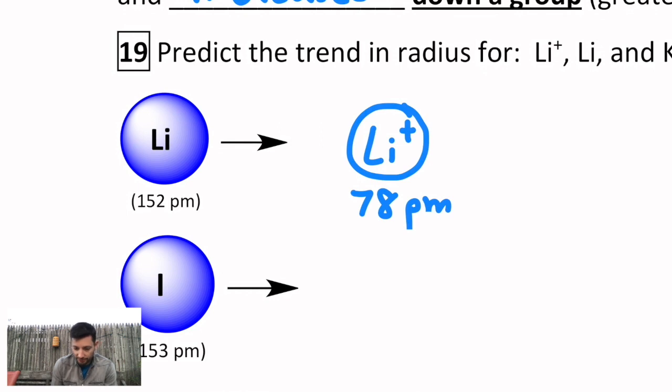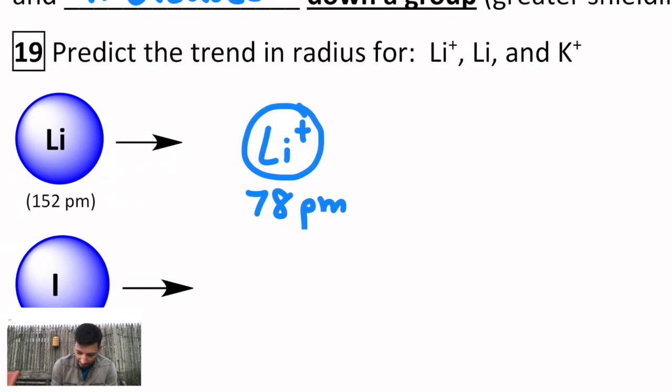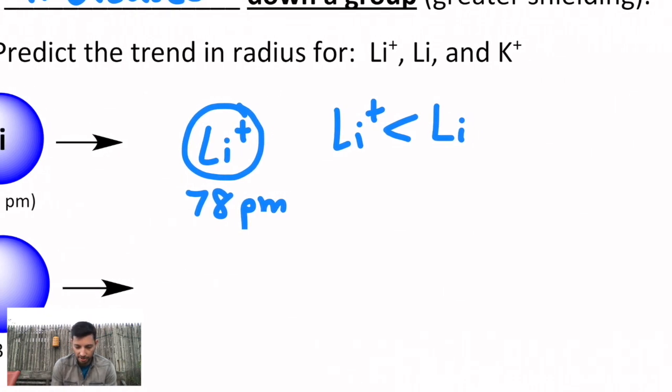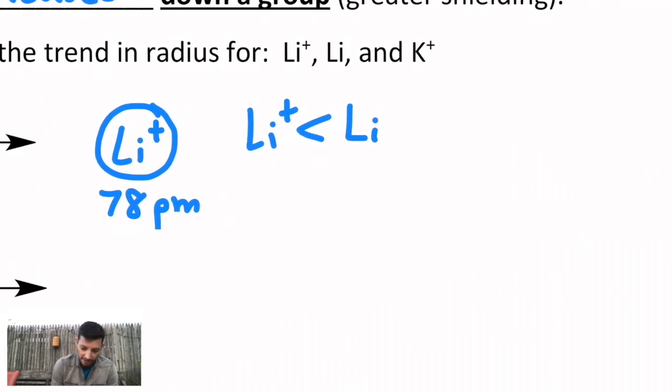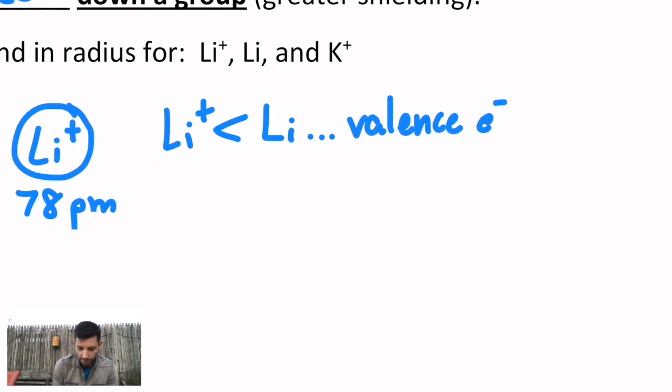And the reason for this, that the lithium cation is smaller than lithium, and that's true, cations are smaller than their parent atom, is because the valence electron is in a lower principal energy level.